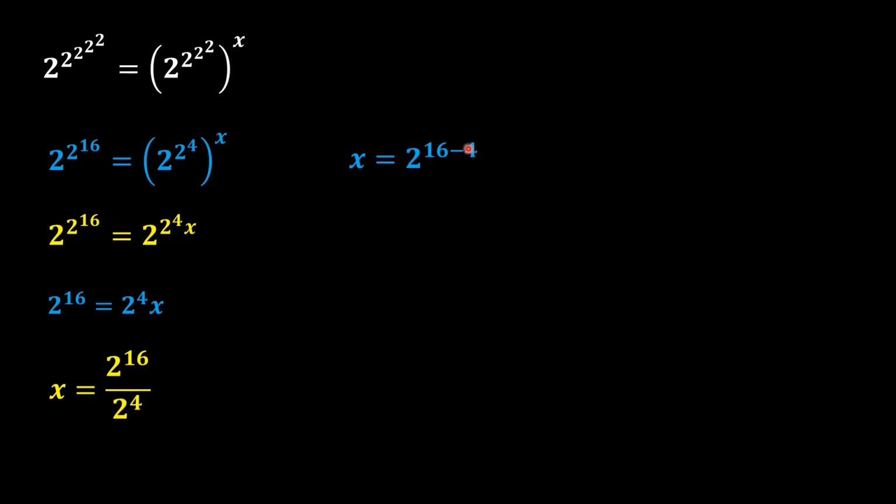Here we apply the same rule. So this value can be written as x is equal to 2 to the power 16 minus 4, and as we know that 16 minus 4 will be equal to 12. So here we get the value for x is equal to 2 to the power 12, and this is the answer for this expression. We can open this power, it's up to you, but here I am closing my answer.